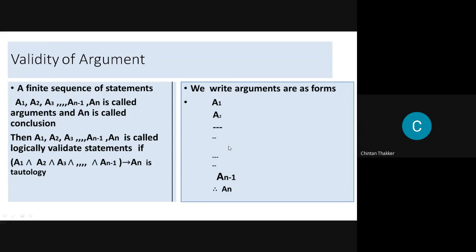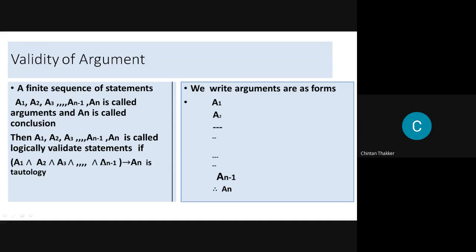Okay. So if the argument is given in this form, the premises A1, A2 up to An minus 1, and the conclusion An, then to check whether it is valid or not, we make this statement: A1 and A2 and A3 and up to An minus 1 implies An.